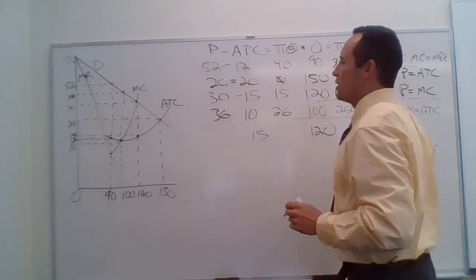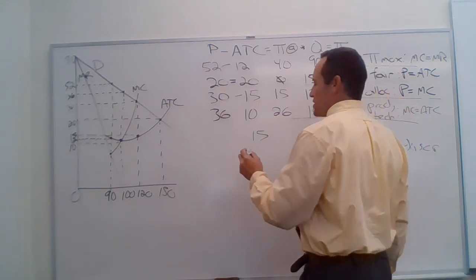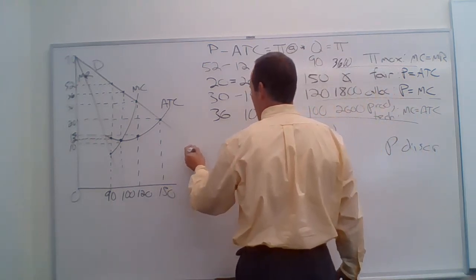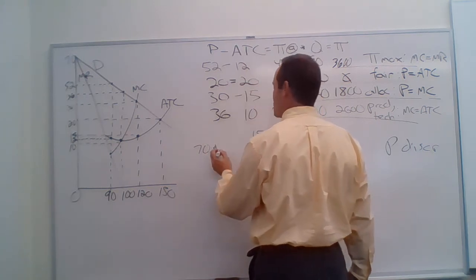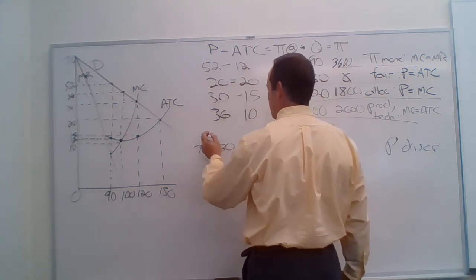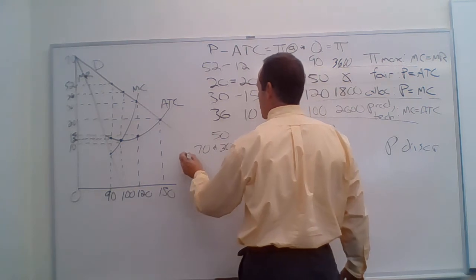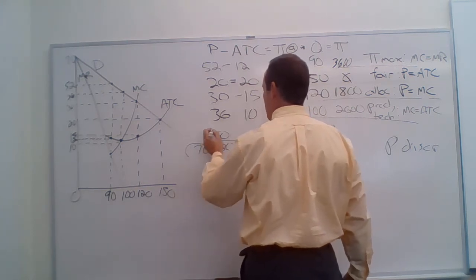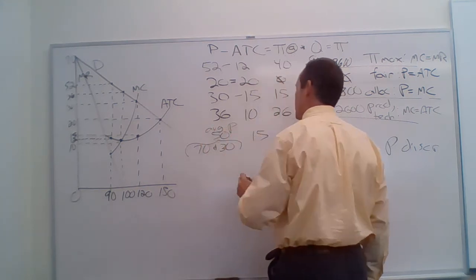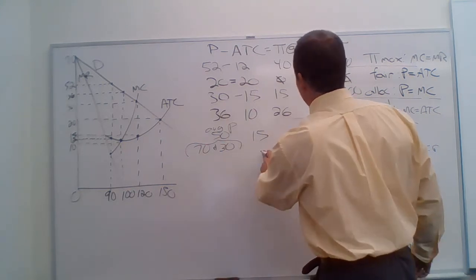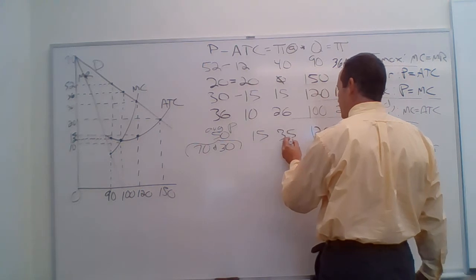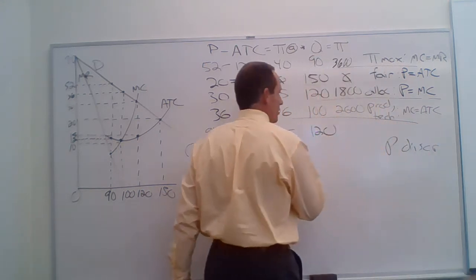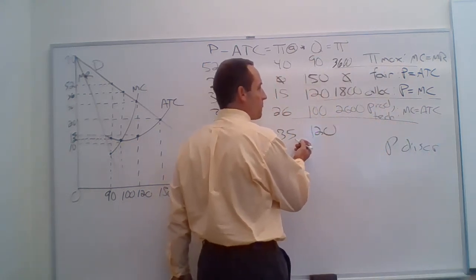But for simplicity's sake, say our average price is the average between 70 and 30, which makes for some convenient math, which is 50. So here is our average price. We charge 50, it costs us 15. We have a whopping profit of $35 a piece.